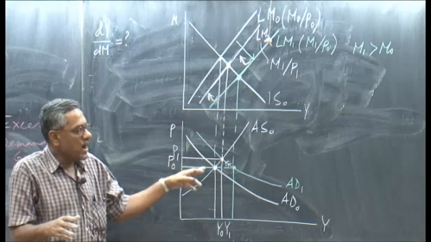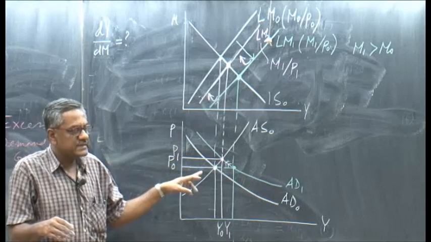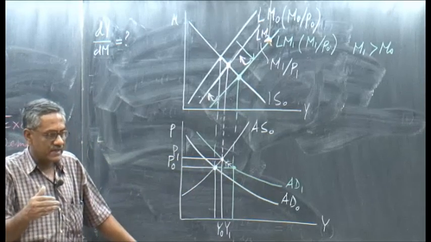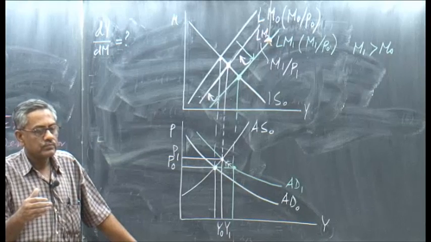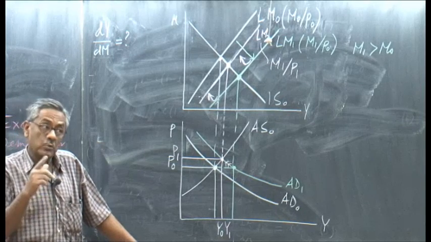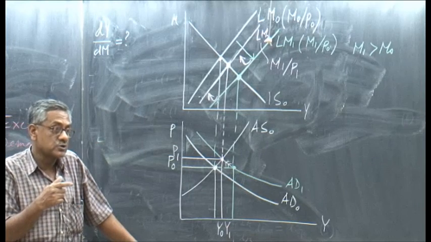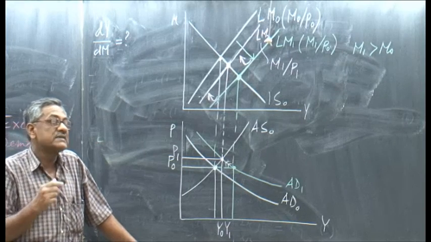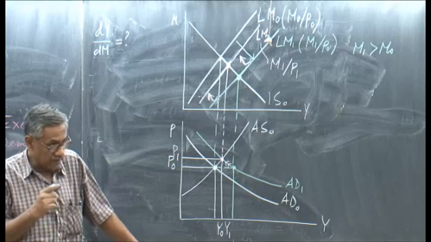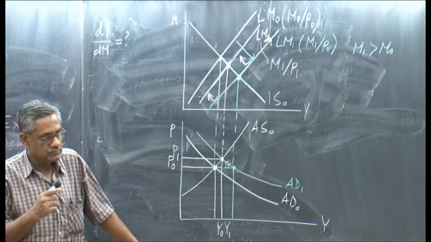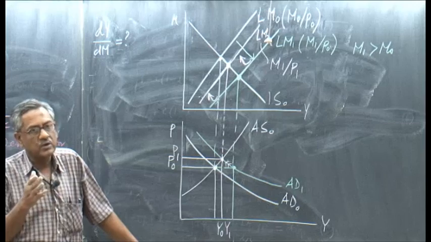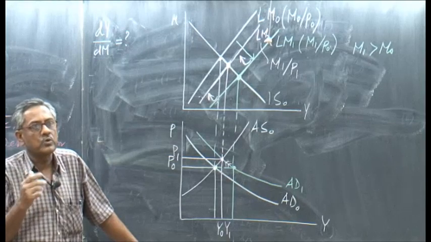And you will see the dY/dM multiplier in this case is less than the dY/dM multiplier we obtained algebraically in the IS-LM model. That value is less. You can check that out yourself. This is a little bit of homework you can do.